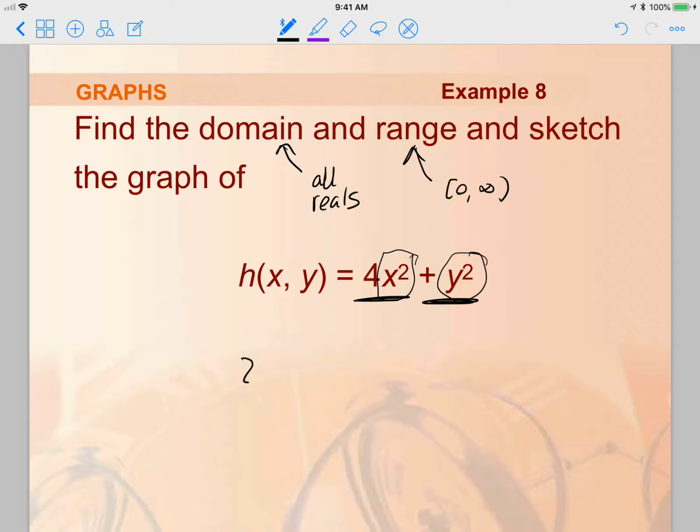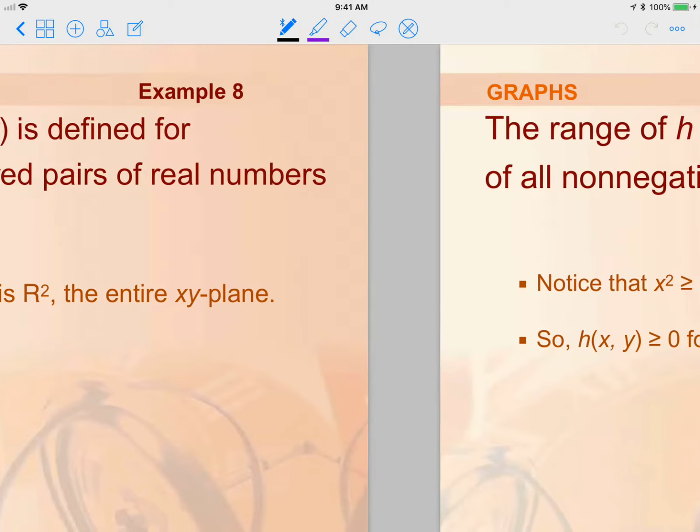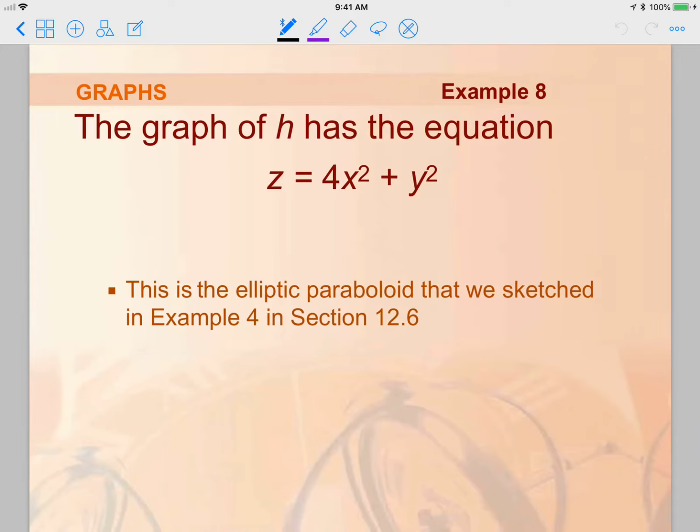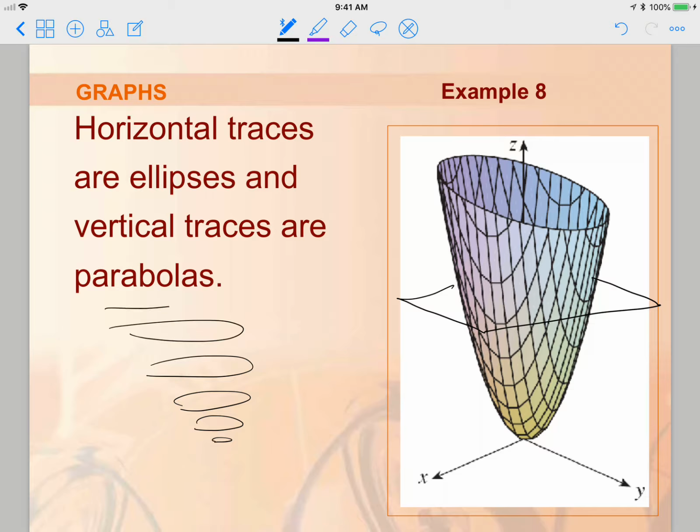And now to sketch a graph, we'll have z equals 4x squared plus y squared. And this is something that we actually did back in chapter 12. Okay. And the graph is an elliptic paraboloid. Okay, horizontal traces are ellipses. So if you split it like this, you'll get a bunch of ellipses, right?